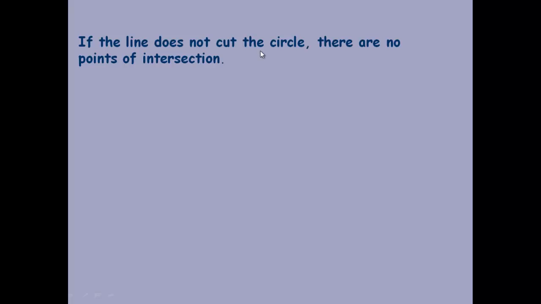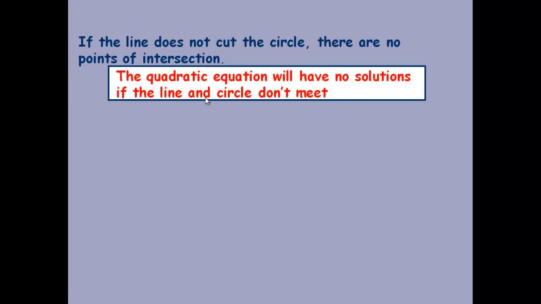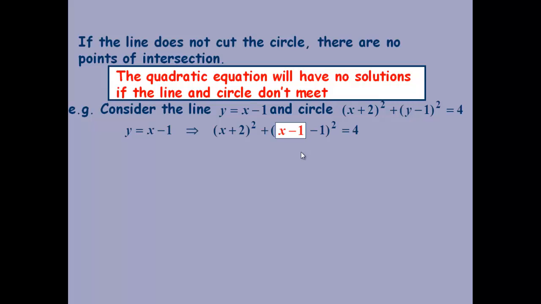If the line does not cut the circle, there are no points of intersection. So if it's quadratic, we get no solutions when the discriminant is negative. So if we consider this line and this circle here, same process as before. We sub in the x minus 1 for the y here.